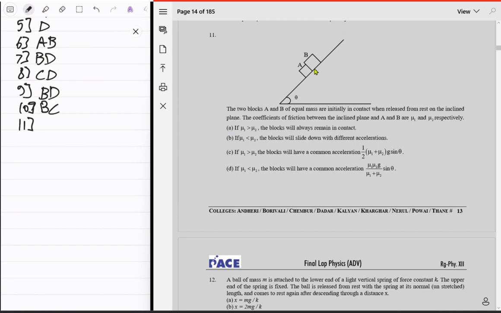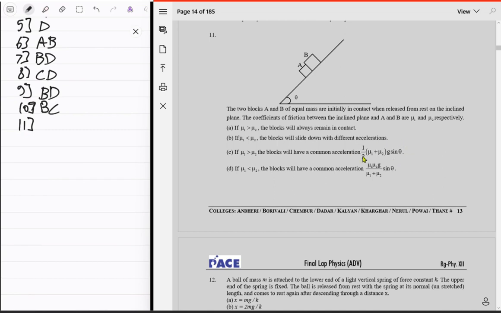If mu1 is bigger than mu2, the blocks will experience a common acceleration of half mu1 plus mu2 g sin theta. What? No. Wait, that doesn't actually make any sense. Wait, no, it depends on the mass as well, I think. Okay, equal mass, that does it. So like g sin theta minus the average, right? But no, that's not their acceleration.